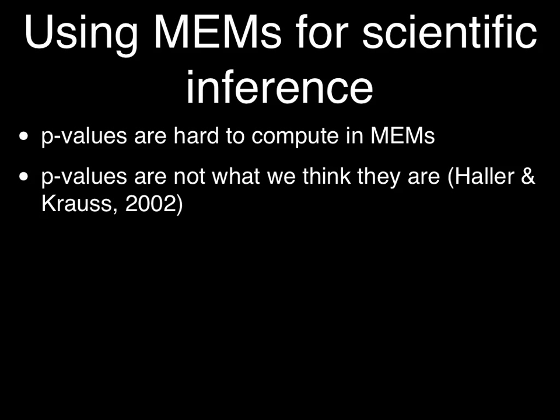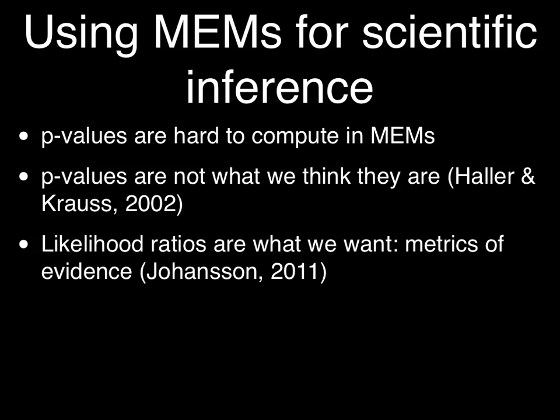because I strongly believe that p-values are not what we think they are. If you ask most researchers what a p-value is, they will tell you the wrong answer. They don't know what a p-value actually is. And when you ask them what they want in an inferential metric, they describe something that's very close to a likelihood ratio. The likelihood ratio is the metric of evidence. And I highly suggest you look at this reference right here.